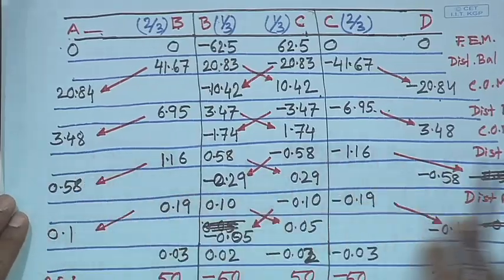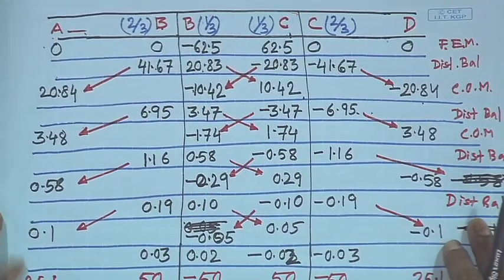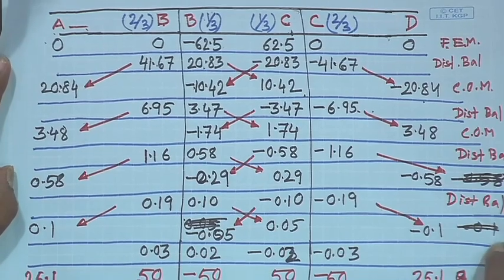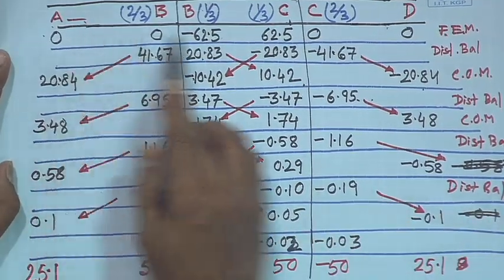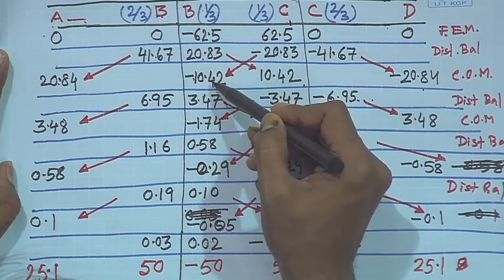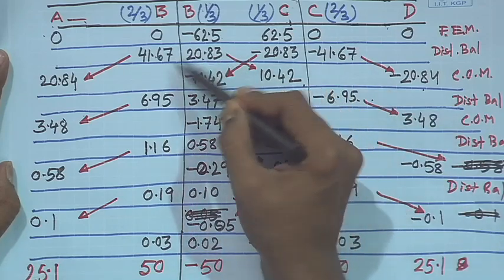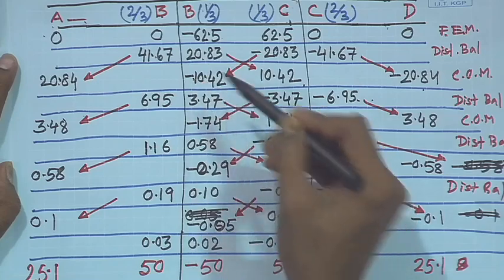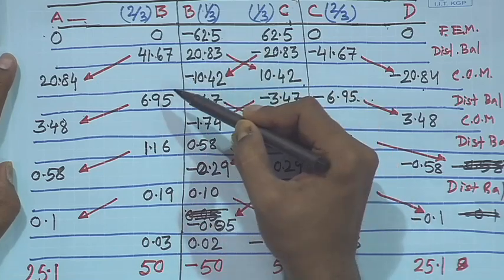And then once we know the fixed end moments, these are the final iteration steps. Okay, these are the fixed end moments, and then we iteratively applied the balancing moments. First we calculated the unbalanced moment at every joint, and then applied the balancing moments, which are equal and opposite to the unbalanced moments.